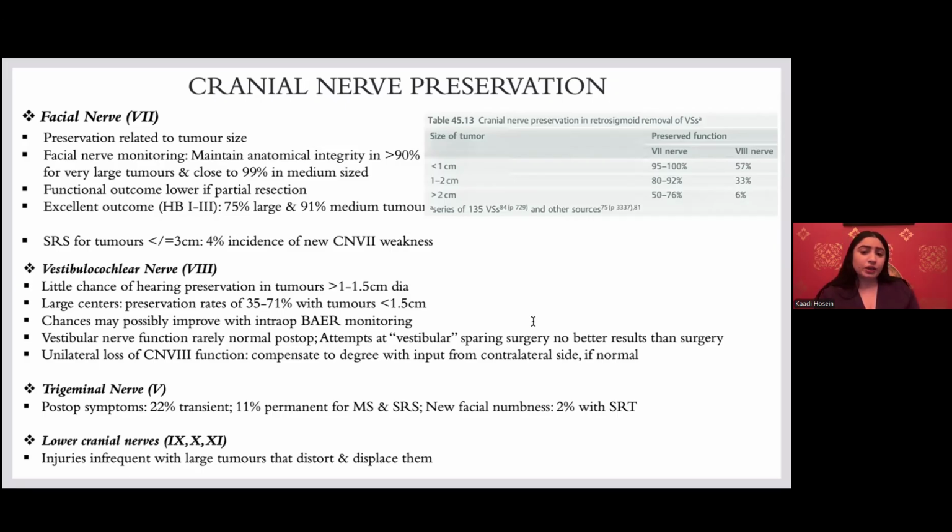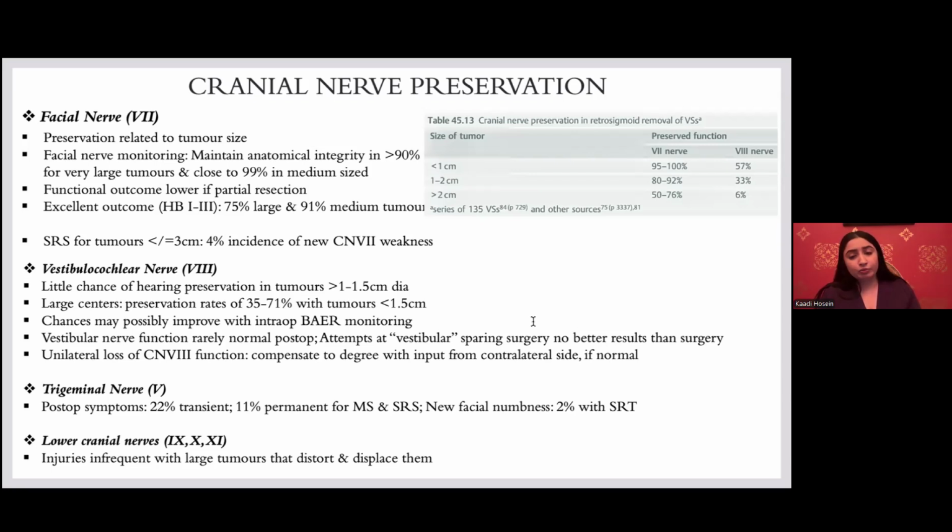Now, preservation of hearing is critically dependent on the tumor size, with little chance of preservation in tumors more than 1 to 1.5 centimeters in diameter, as hearing loss has been correlated with an increase in tumor size. And the chances of preserving the hearing may possibly be improved by intraoperative BAER monitoring.